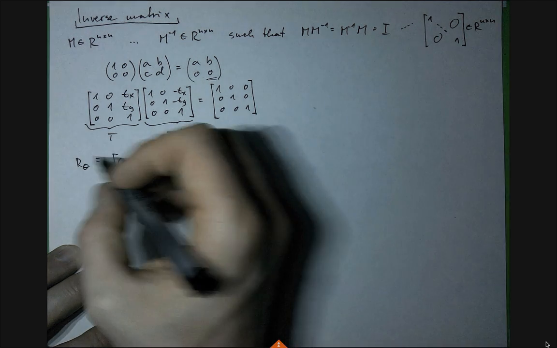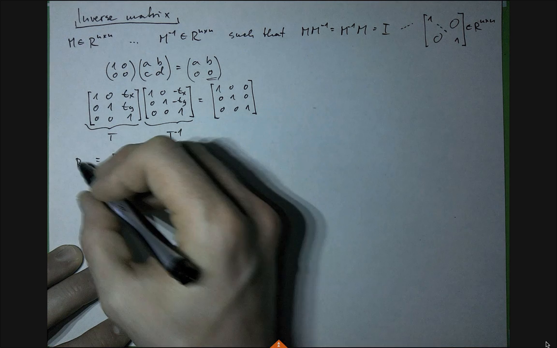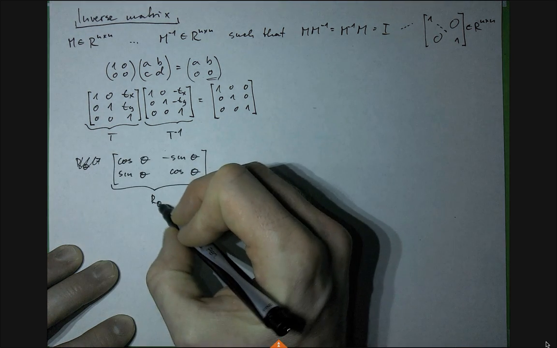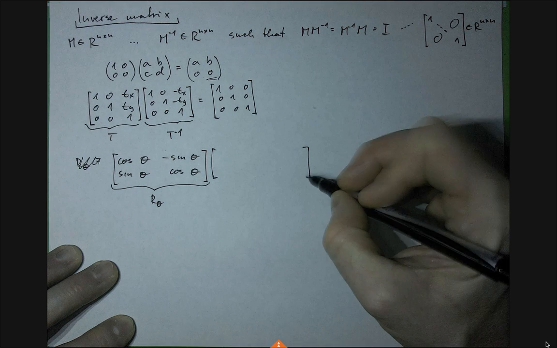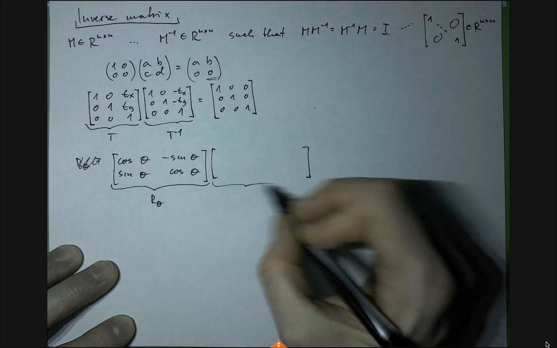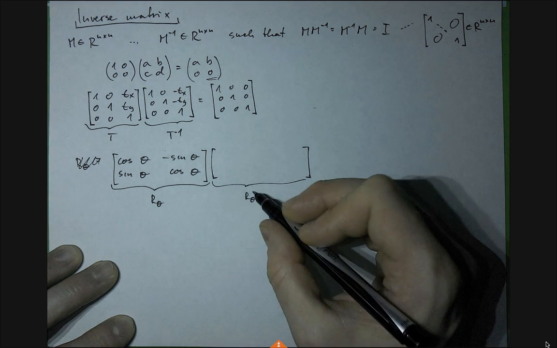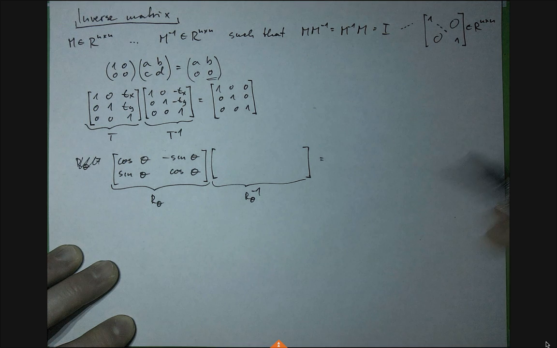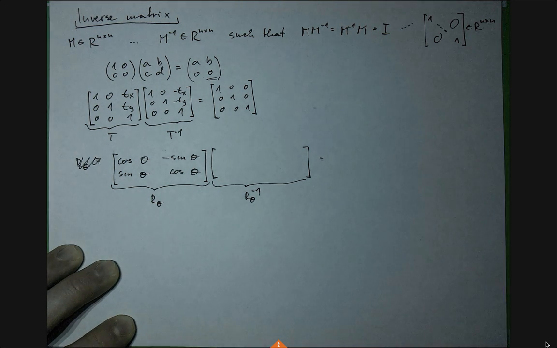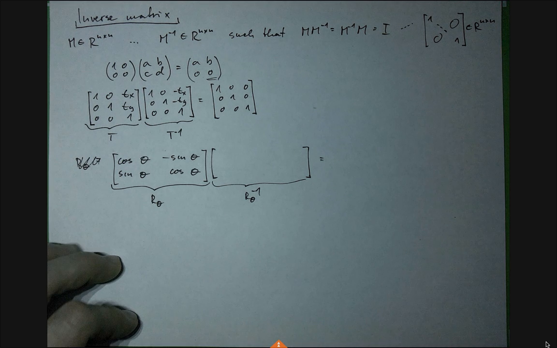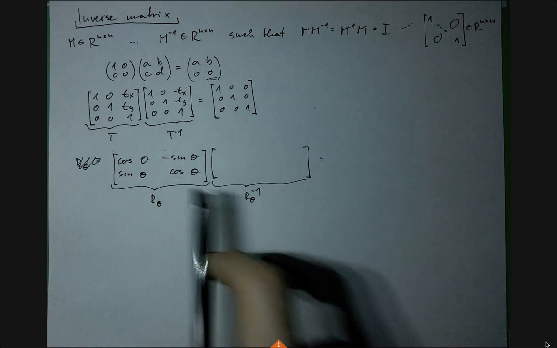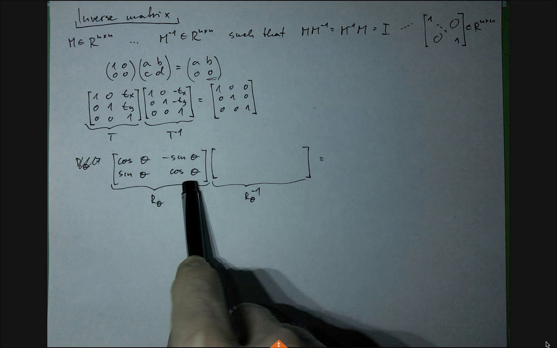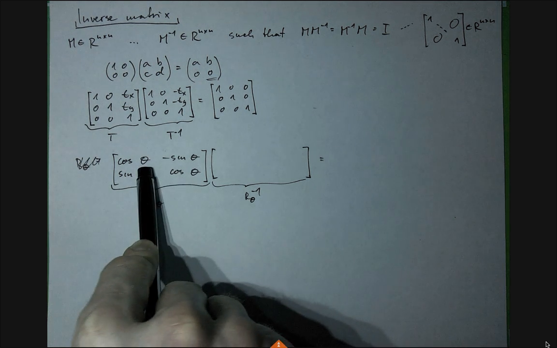So again, let me write it like this. This is my R theta. I'm looking for some other 2 by 2 matrix, the R theta inverse, such that I get the 2 by 2 identity, right? So what do you think is the inverse? Well, if you think about it geometrically, this is a counterclockwise rotation by angle theta, right?